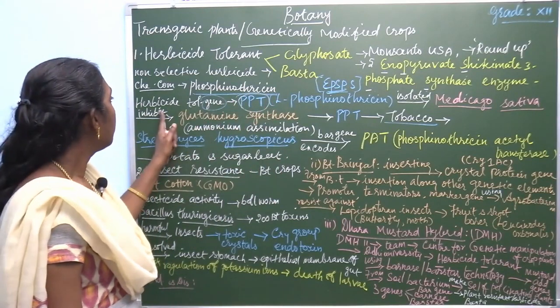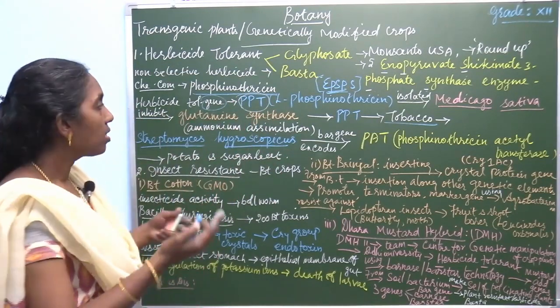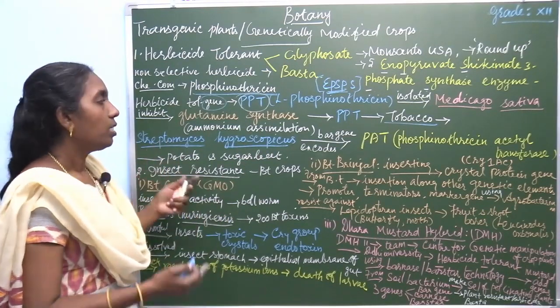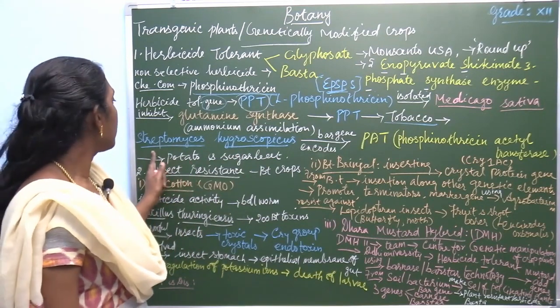So the herbicide tolerant gene is PPT. Similarly, a gene is isolated from Streptomyces hygroscopicus.